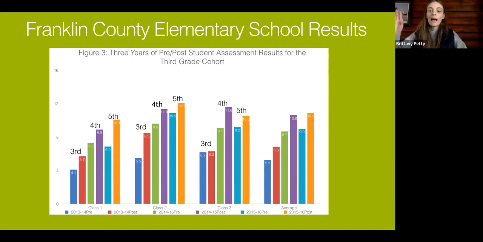Sometimes it improved dramatically. And that's based on that rubric that I showed you all. So they gave them an assessment, they used that rubric, graded them, and they gave them the same assessment, the same rubric, and graded them again. And they scored much higher. And it's one of those things I think that you can tell just by going through the process that it could only help students.